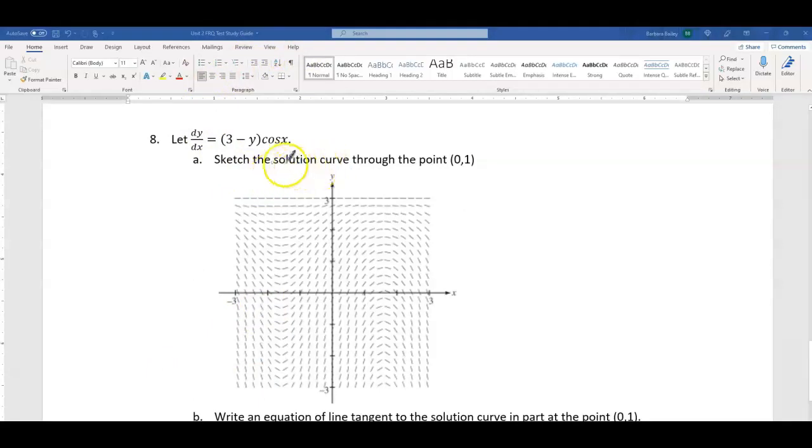Number 8, sketch the solution curve through the point 0, 1. So the first thing we're going to do is put a dot at 0, 1, that's here. And then basically at that point, you want to imagine it's kind of like a leaf that's been tossed into a moving river, and these lines represent the current of the river. So if that dot's a leaf in that river following the current, it would look something like this.